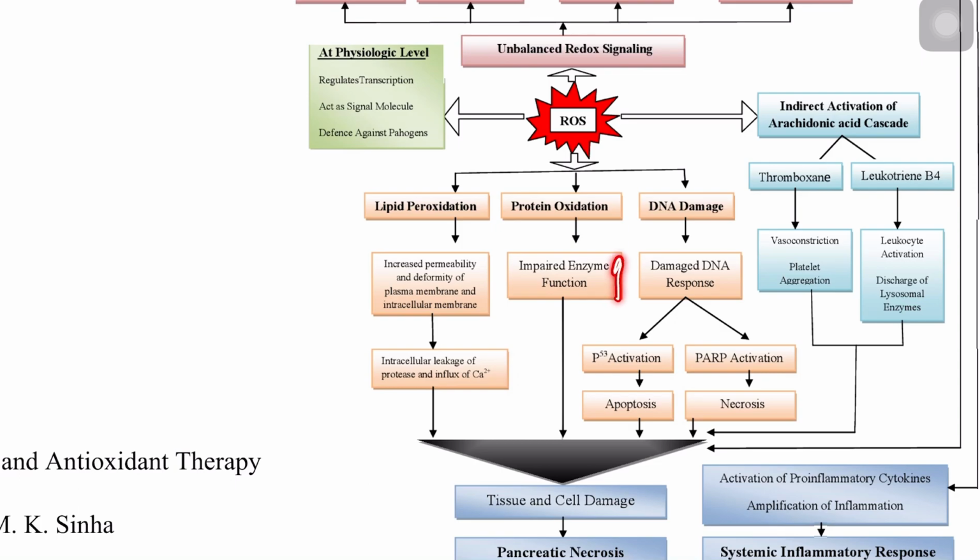Also impaired enzyme function, because it can affect the conformation and configuration of the enzyme. It can react with the DNA, and it can damage DNA, cause p53 activation and apoptosis to happen. Or it can cause DNA damage, can cause PARP activation, and necrosis can happen.